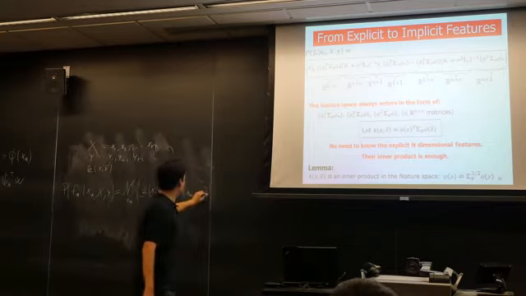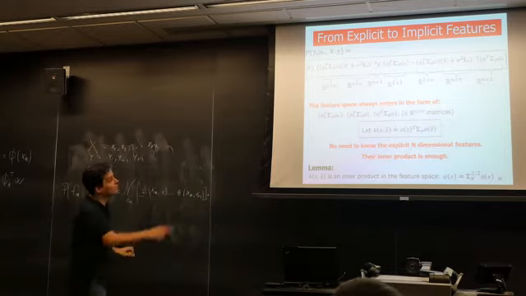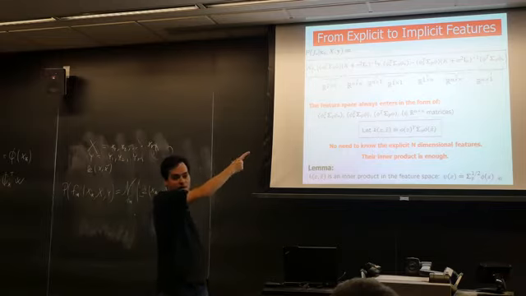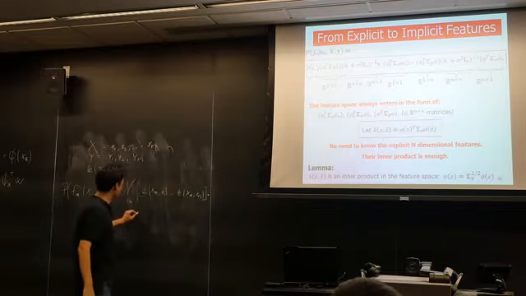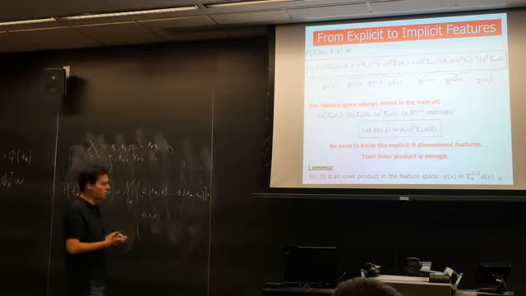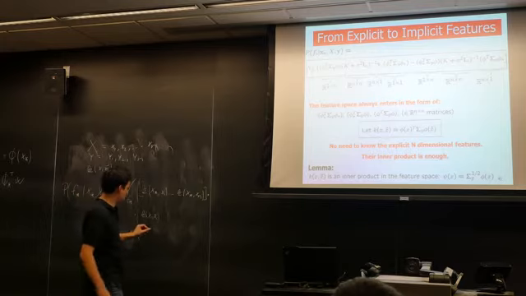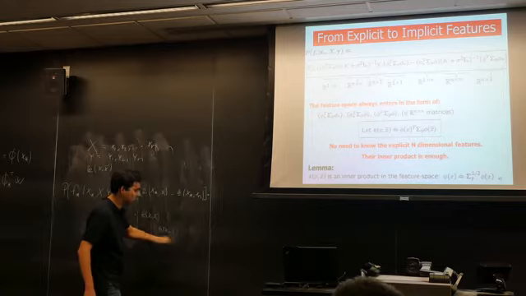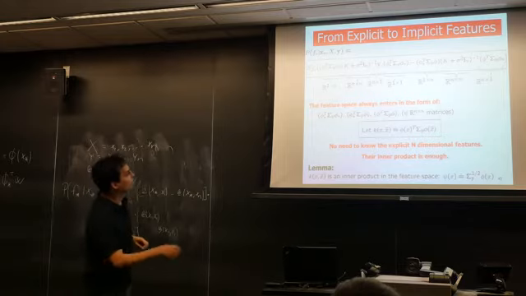Times the inverse of the matrix K plus sigma squared I n. K is a gram matrix, the kernel between all instances in the training data set, so the ij element is k(xi, xj).